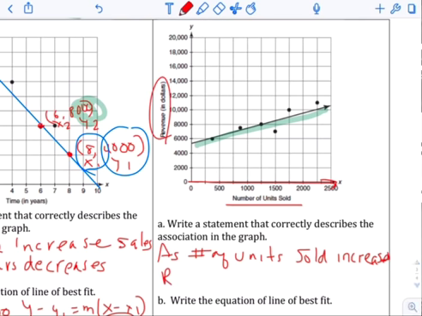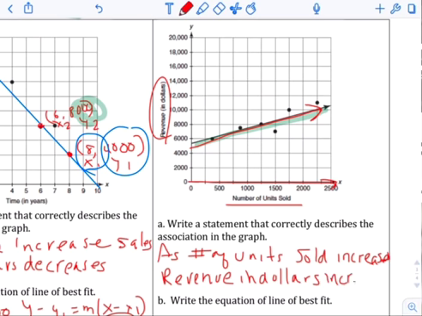Revenues in dollars also increase, or go up.